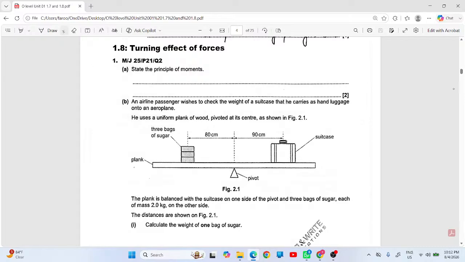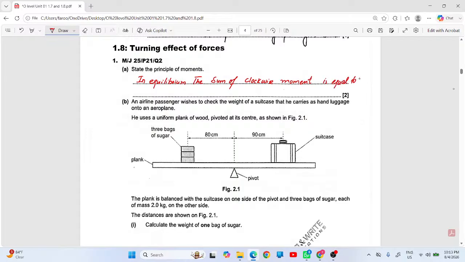So in equilibrium the sum of clockwise moment is equal to the sum of anti-clockwise moment about the pivot.